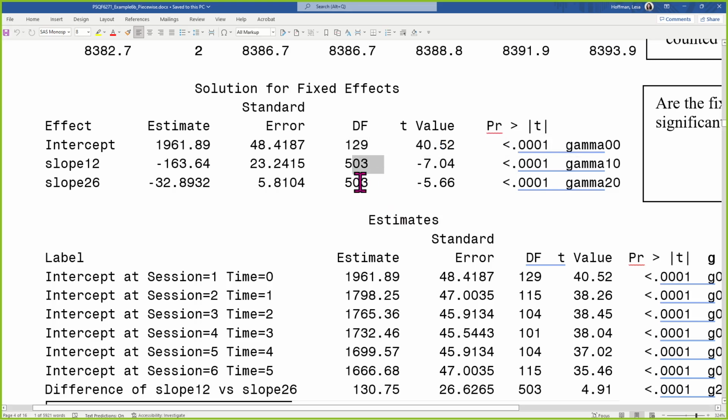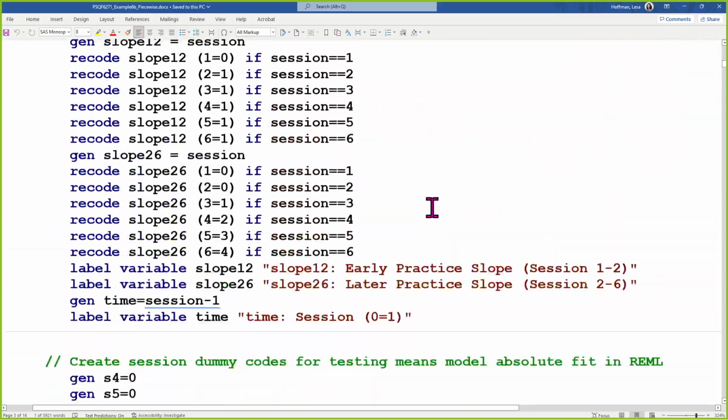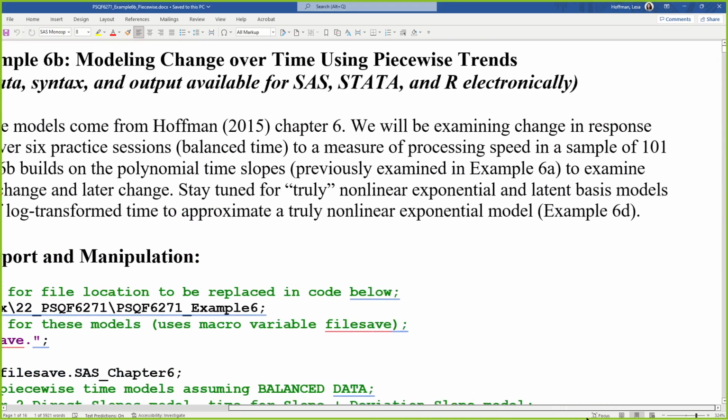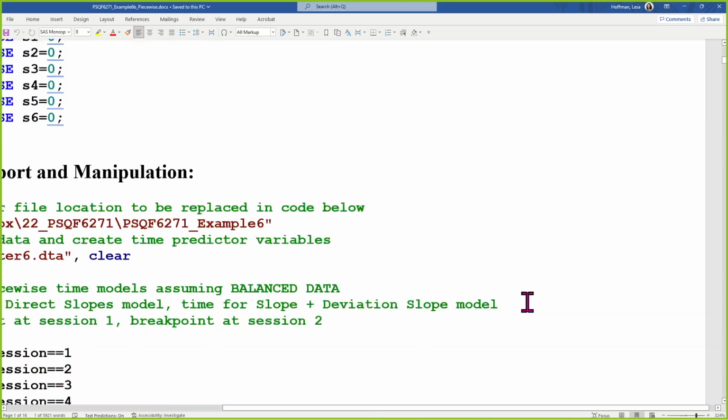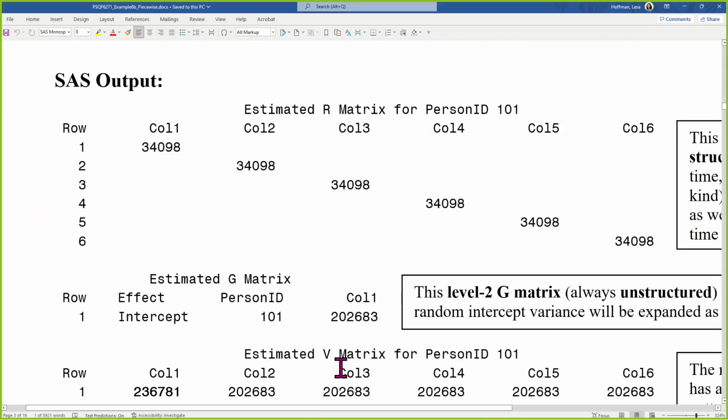So that's where this number comes from. There's 600 and some odd occasions. How many people do I have? It's somewhere near 100. 101 people, yep. Okay. So that's where it's approximately 500.